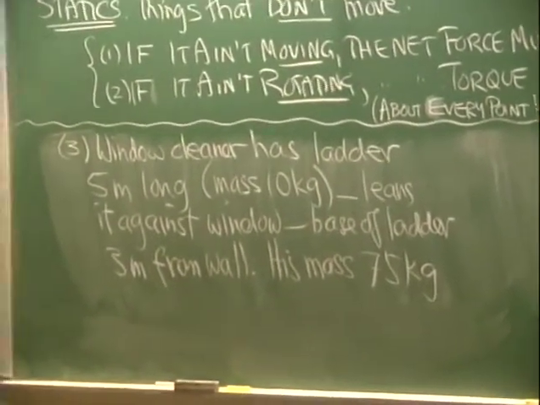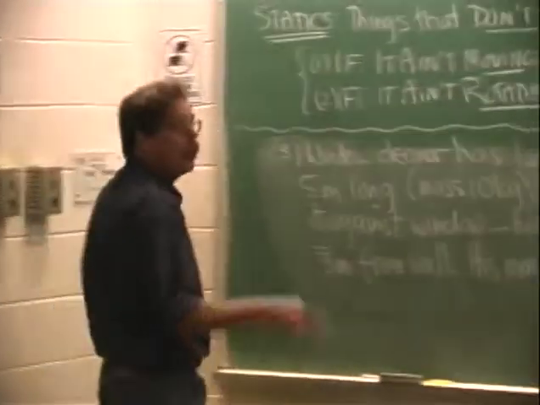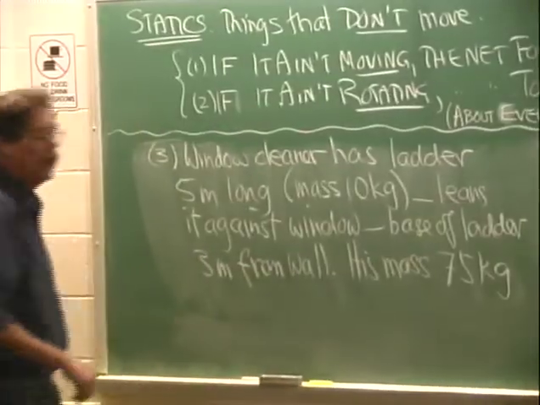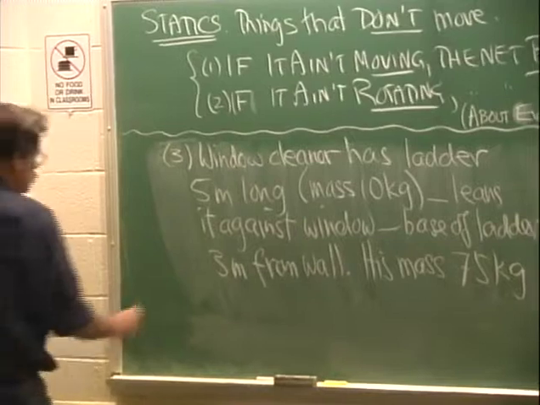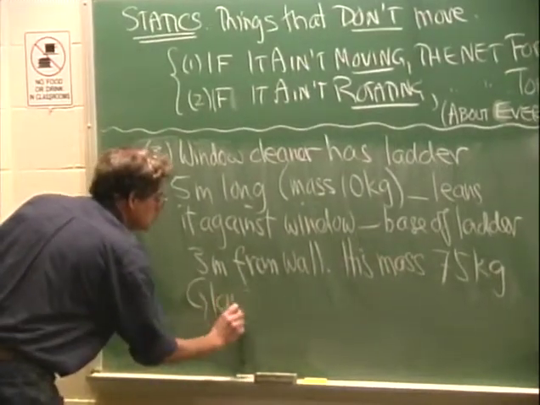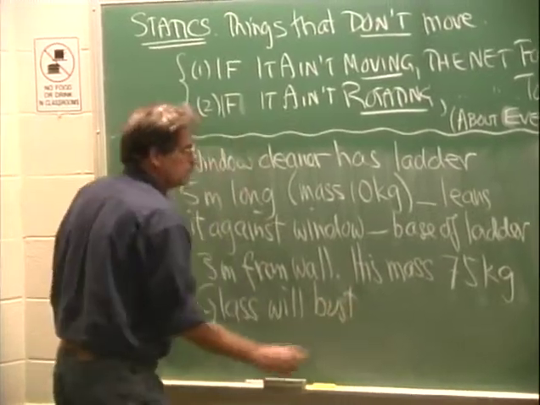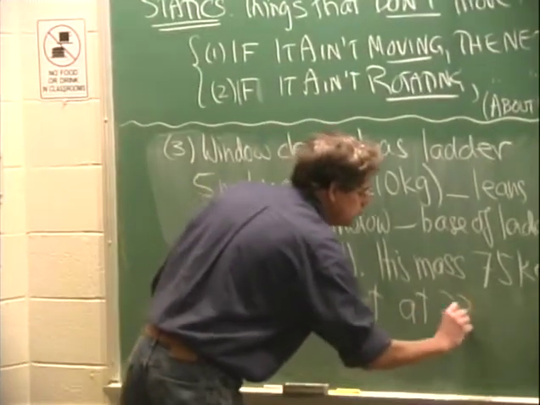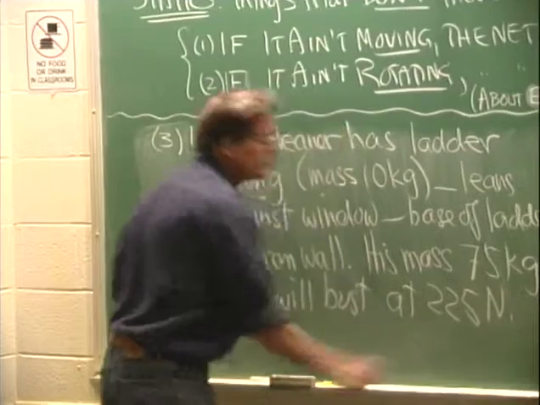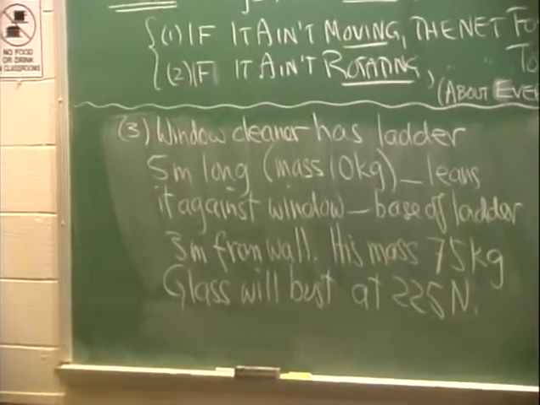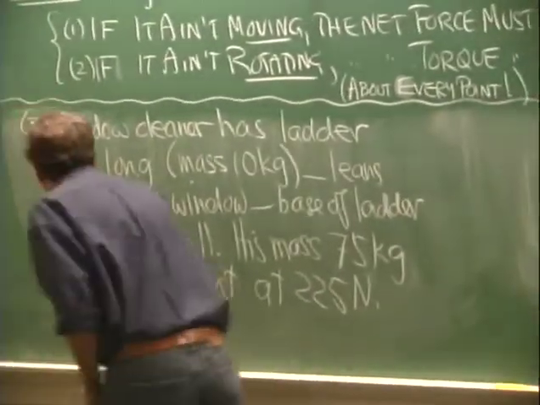How do I know that? Well, I checked the manufacturer, and he said don't put more than 225 newtons on the dependent glass or it's going to bust. Question, how far up the ladder is this turkey going to get?